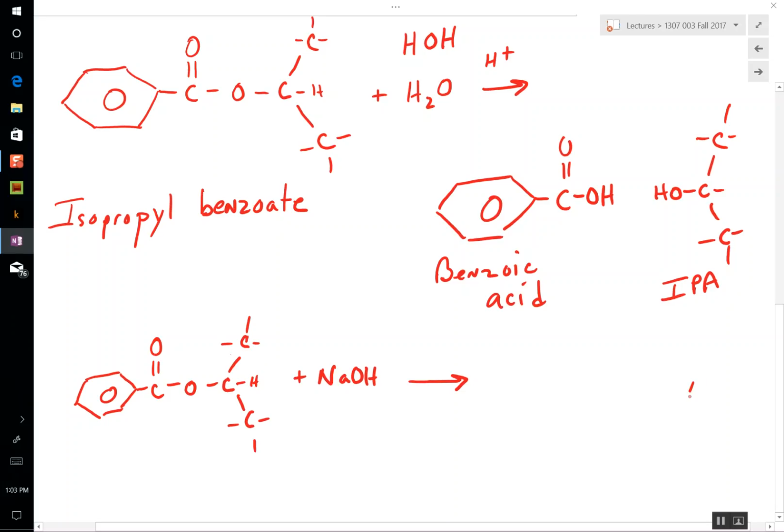All right, the same alcohol, isopropyl alcohol. I'm leaning hard right now on the similarities between these two. Both the hydrolysis and the saponification produce an alcohol.